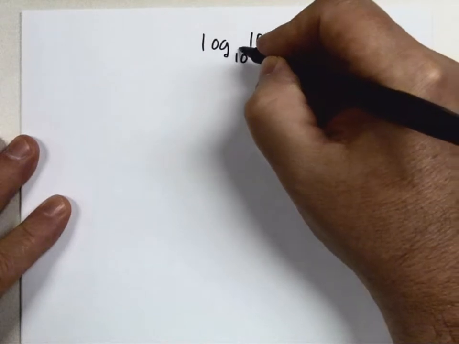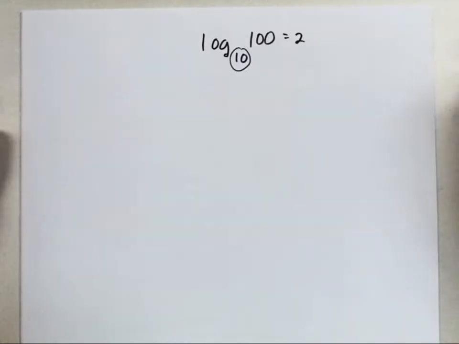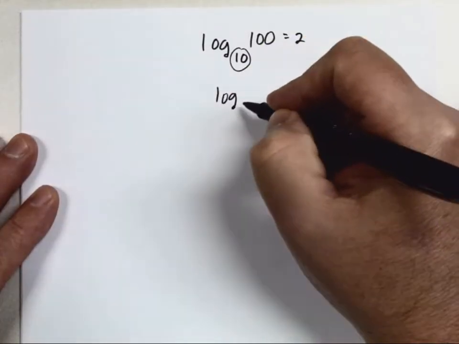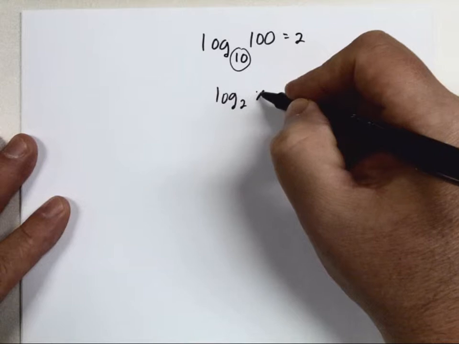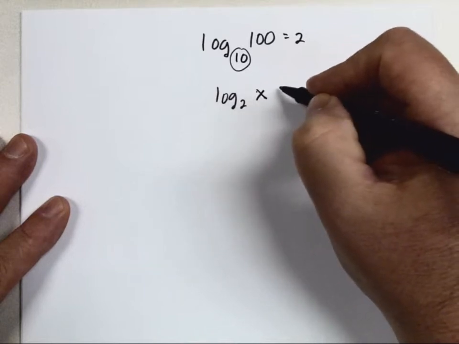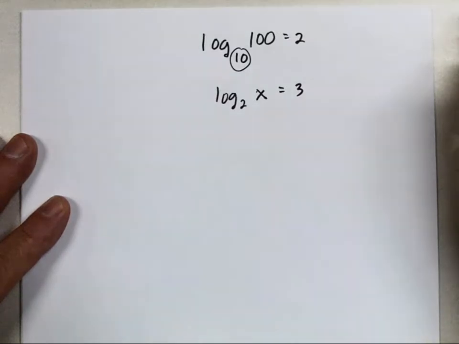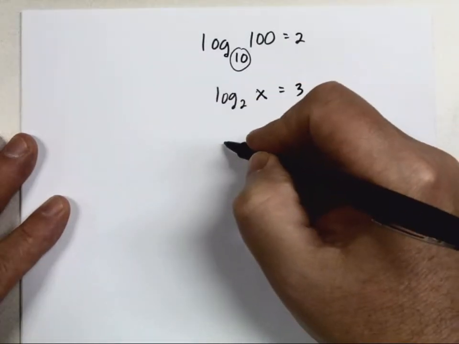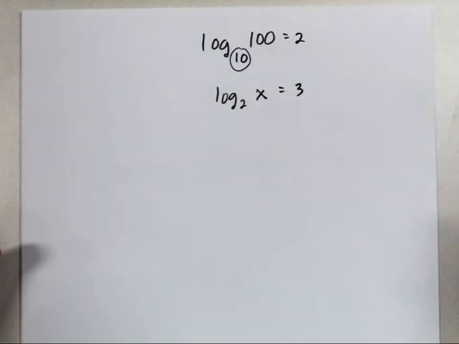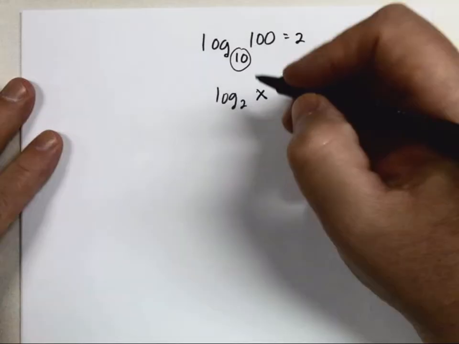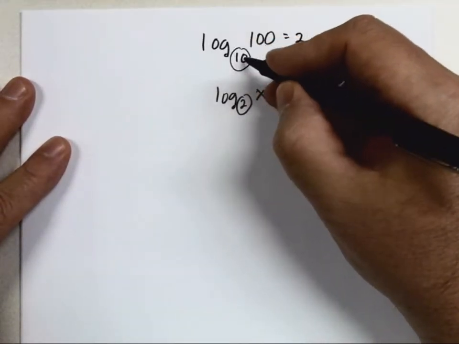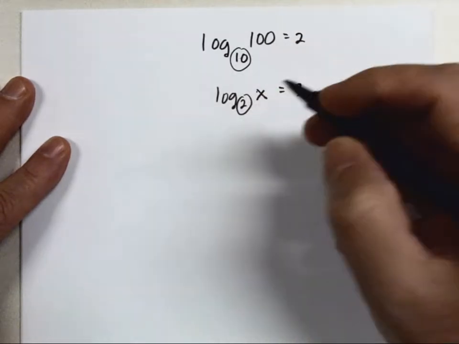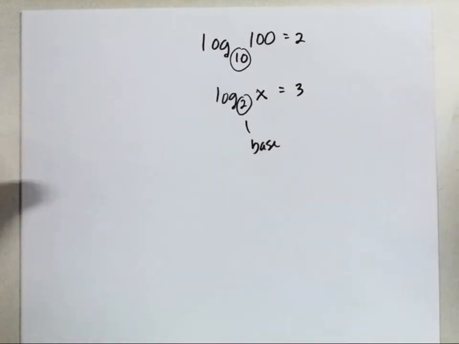The key thing I want you to realize here is that these are both examples of equations with logs in them. In terms of the language, the number that is written, it's called the subscript, right here and here. We call that the base.